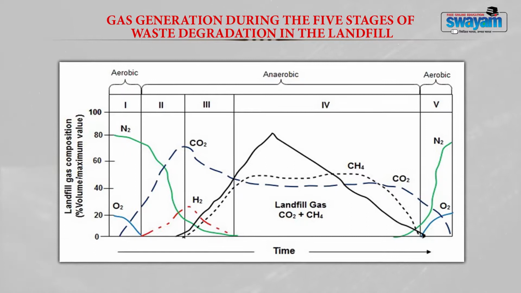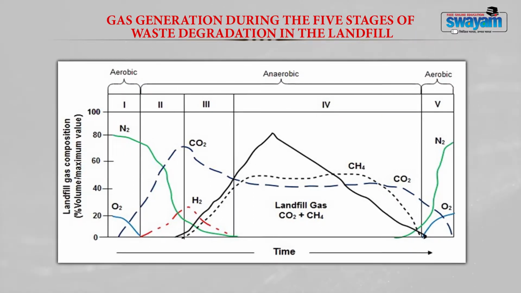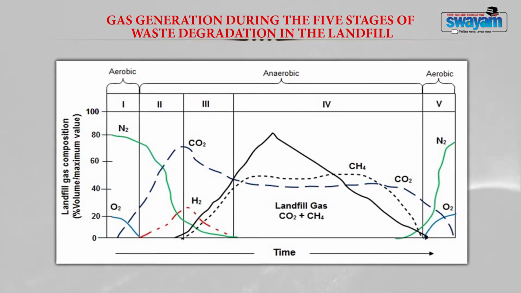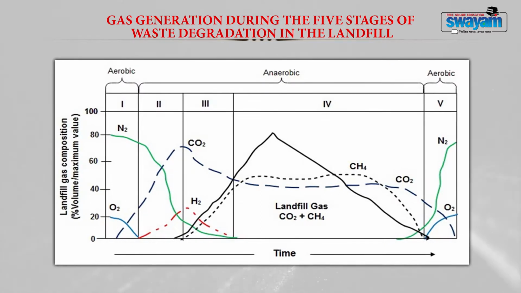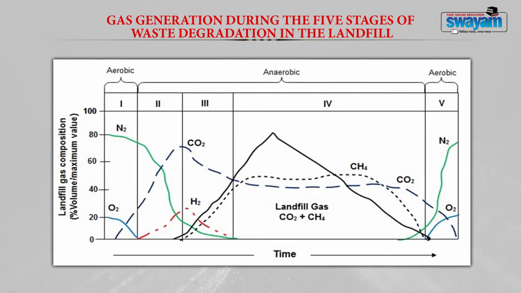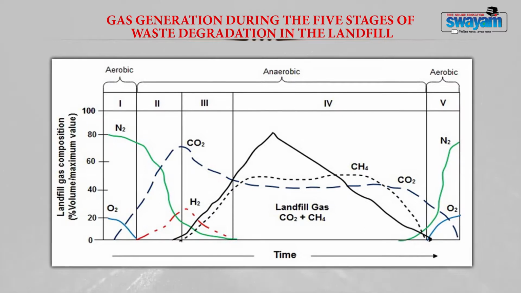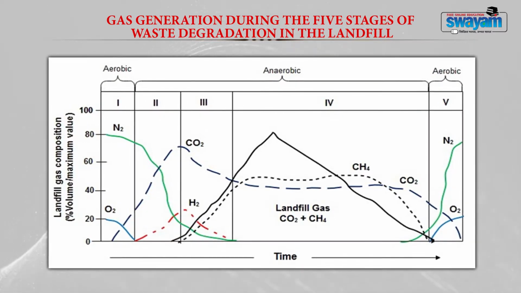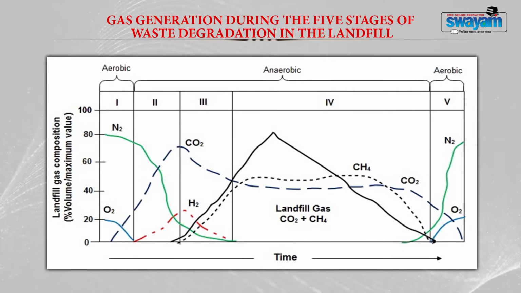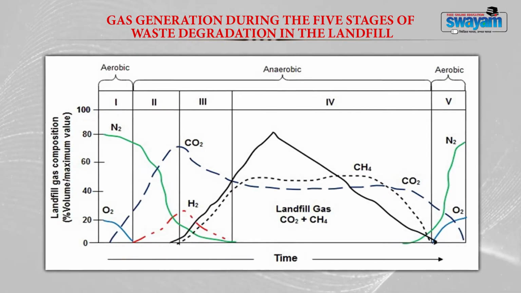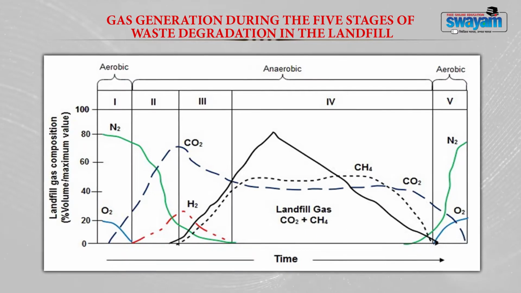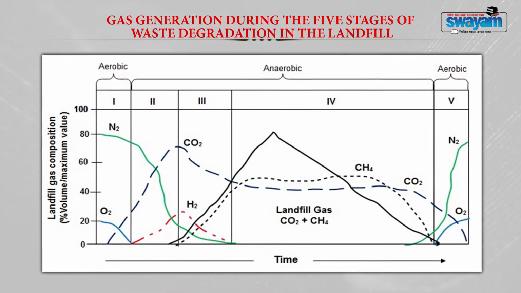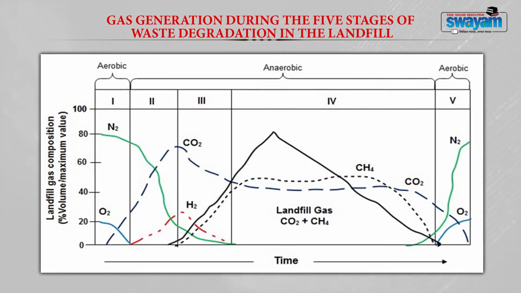Likewise, the carbon dioxide level increases in the middle of stage 1 and peaks at the end of stage 2, after that it gradually reduces, remains stable till stage 4, and at the end of stage 5 it becomes 0. You also have hydrogen production, which starts at the end of stage 1, peaks at the end of stage 2, and at the end of stage 3 it becomes 0.